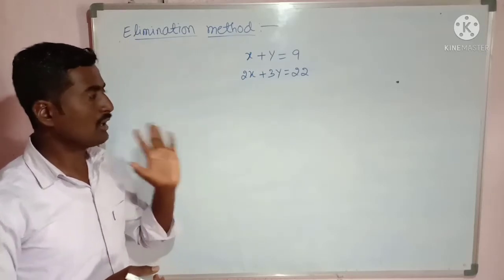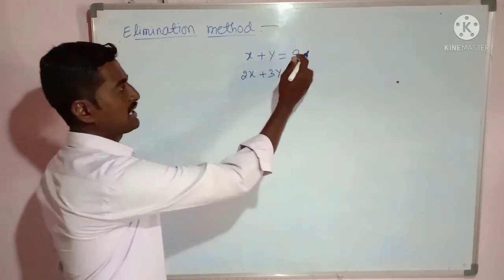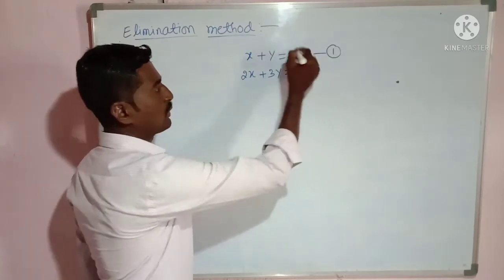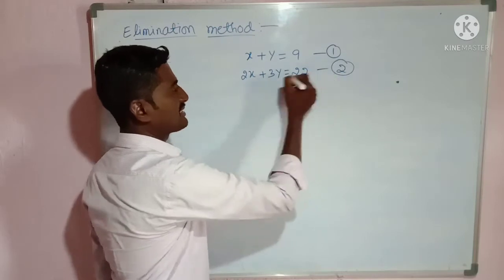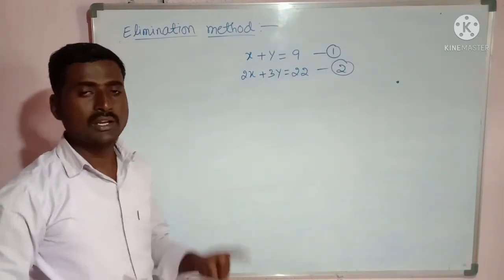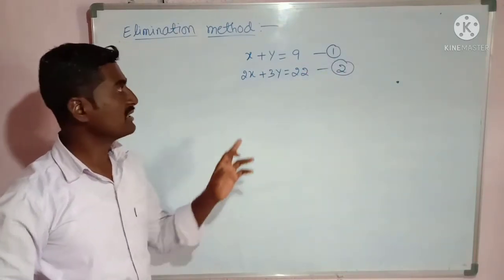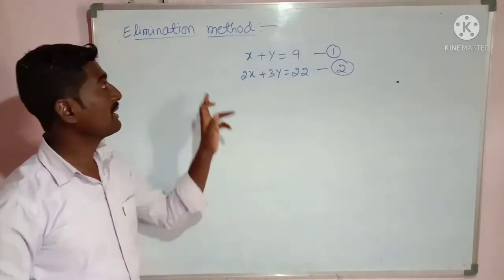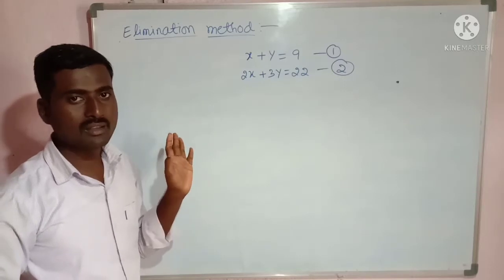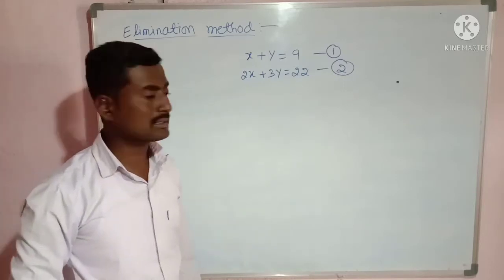Now I have taken the first equation as x plus y is equal to 9 and second equation as 2x plus 3y equal to 22. Now the question is: solve the following pair of linear equations by elimination method.